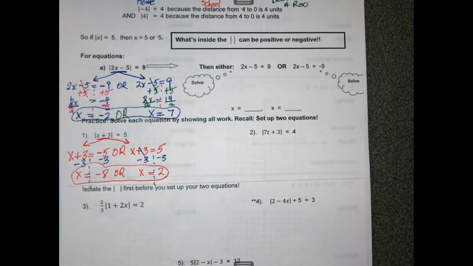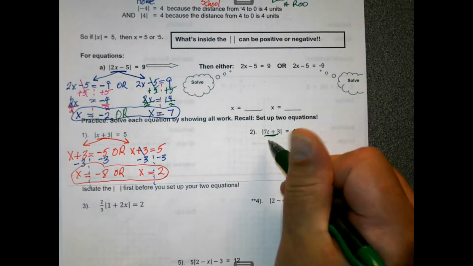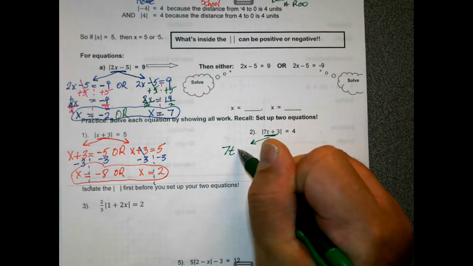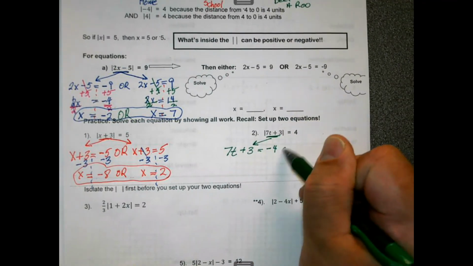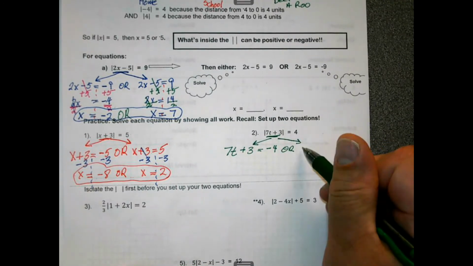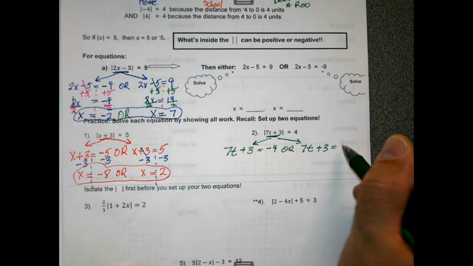All right, number 2. I'm going to take what's inside and consider the scenario 7t plus 3 is going to equal negative 4, or take what's inside, 7t plus 3 equals positive 4.